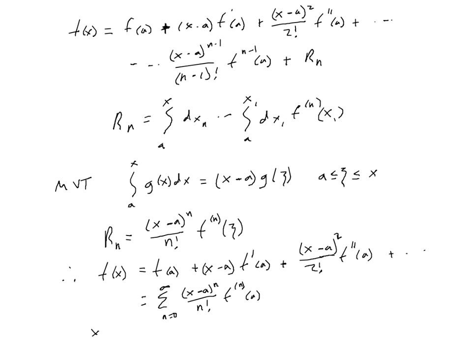And you can also take x and replace it with x plus h, where h is just some little difference, in which case f of x plus h, where you just shifted everything a little bit over, is equal to the sum from n equals 0 to infinity of h to the n over n factorial of f to the n of x.